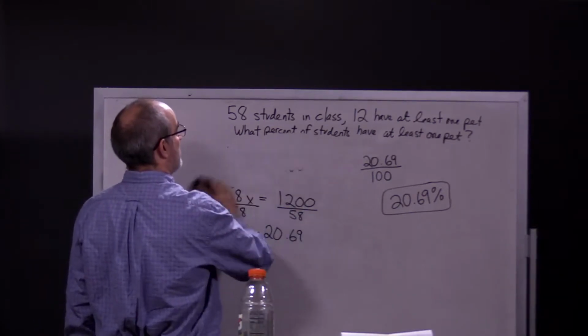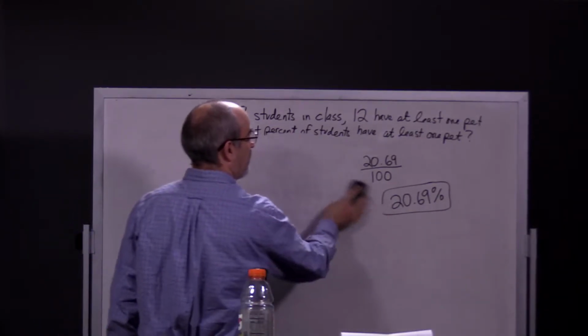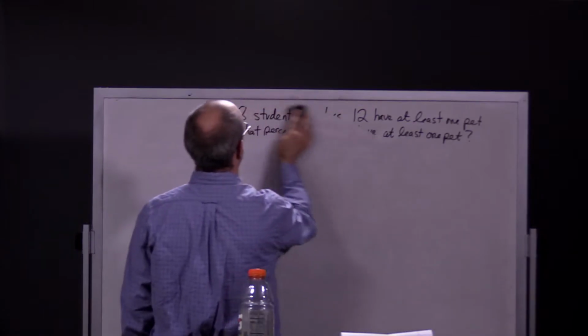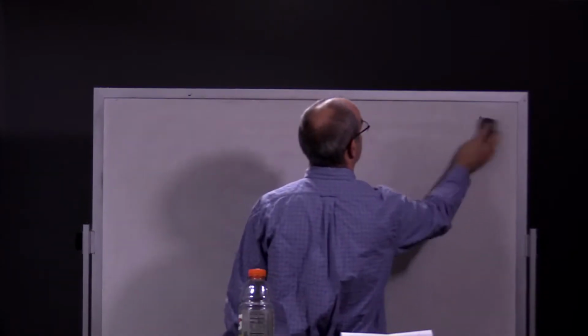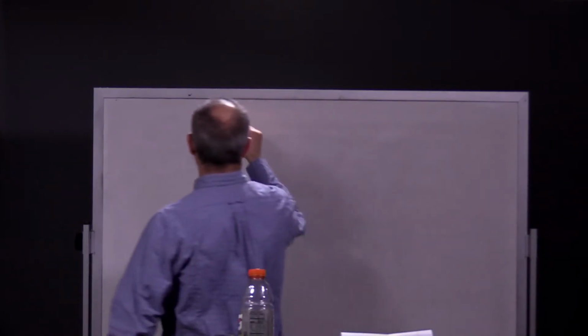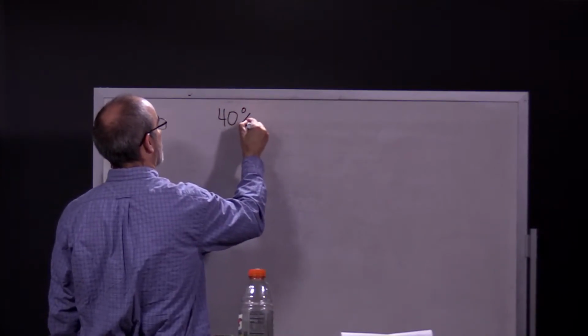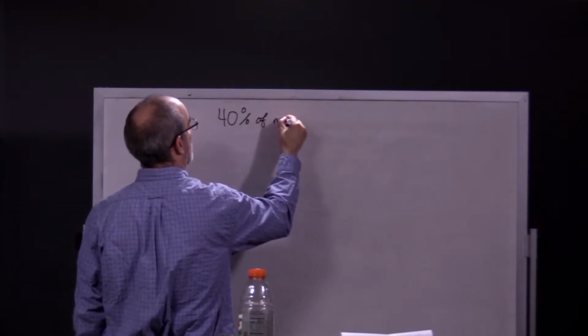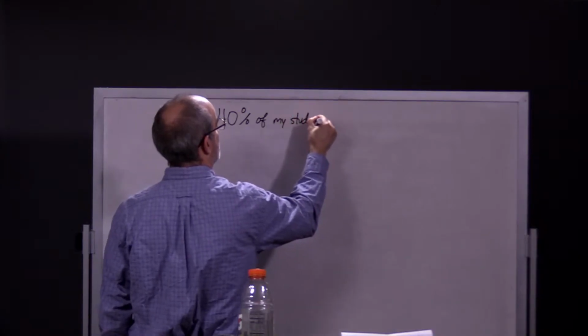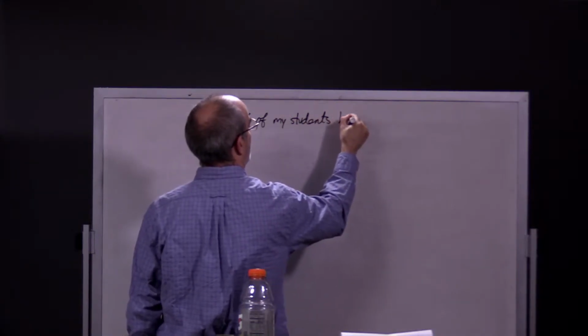What if I changed it around a little bit and said that, how do I want to word this? 40% of my students have pets. So this is a totally different problem. 40% of my students have pets.